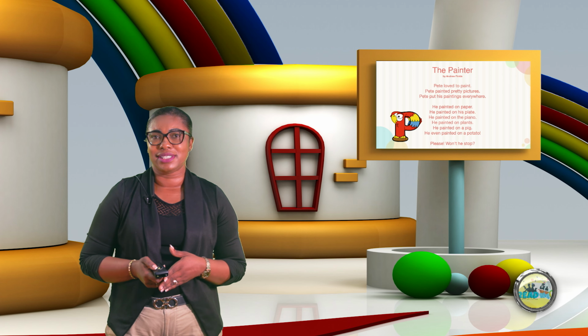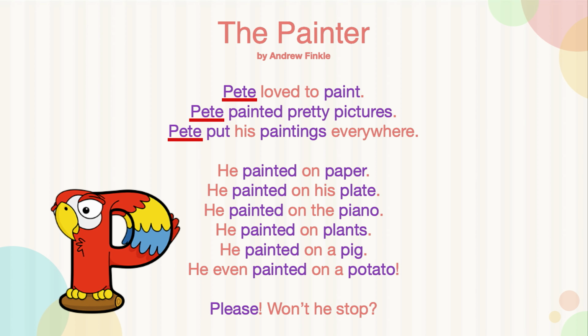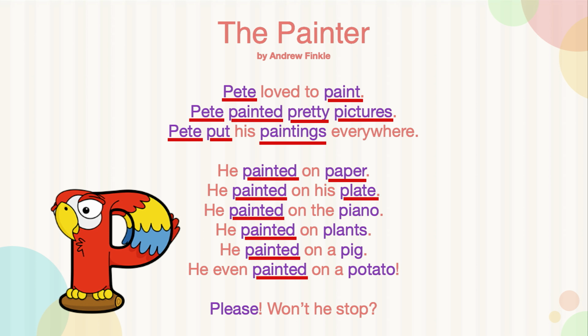Well, that was quite interesting. Okay, let's look at the activity you had to do. Did you find the words that begin with our pretty and poised letter P? Let's see how well you did. We have Pete, paint, painted, pretty, pictures, put, painting, paper, plate, piano, plants, pig, potato, and please.